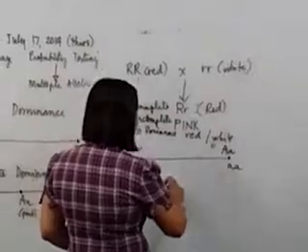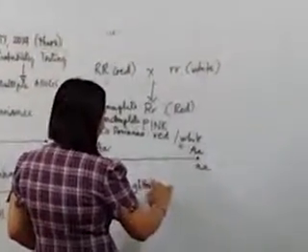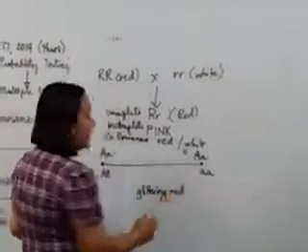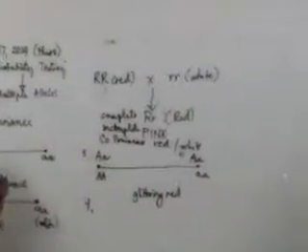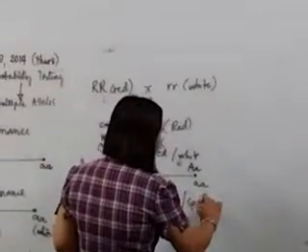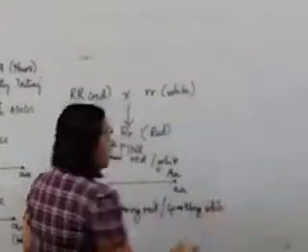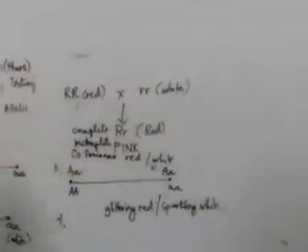Okay? For example, you have here glittering red. Okay? Exaggeration of red. Or, it can be sparkling white. So those are actually exaggerations.